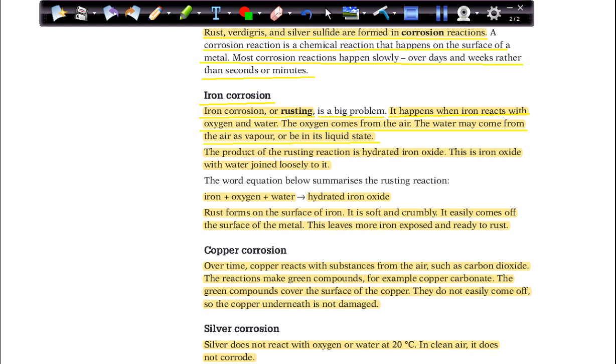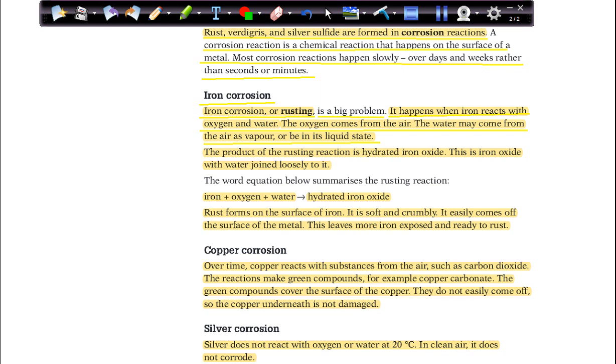So if a piece of iron is wet and kept in the air for days or weeks or even months or years, as under the rain, it will rust.